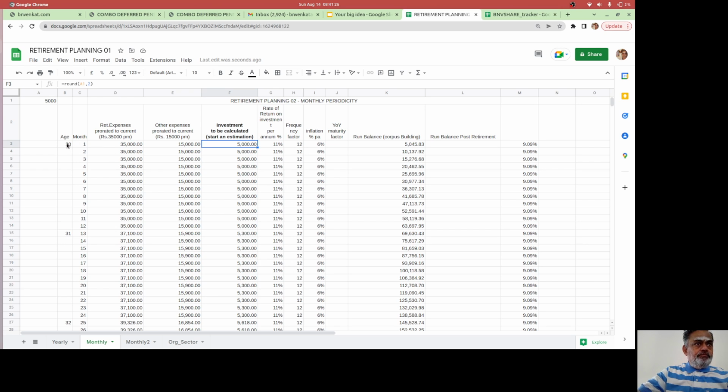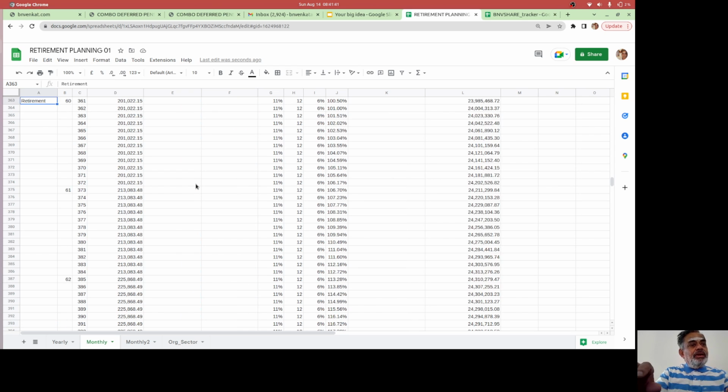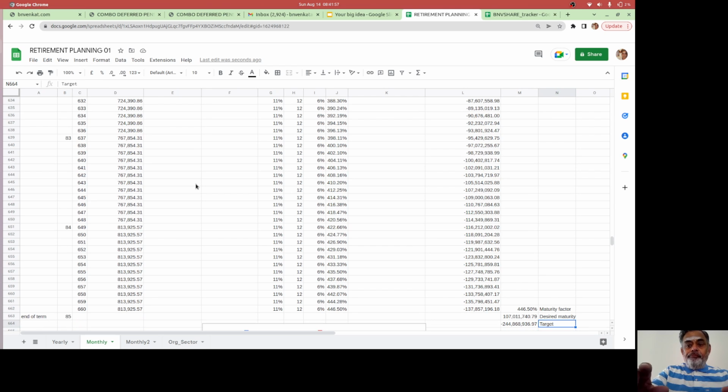Let's come back. Age we have from 30 onwards, that is, 30 years is the entry age. Then we have retirement age at 60, and the end of term is 85 years, the expected age or maturity period.